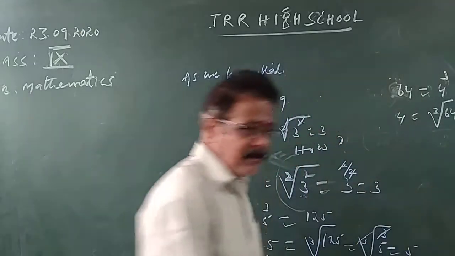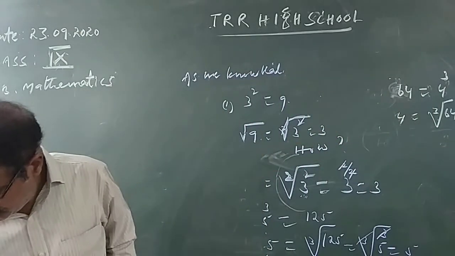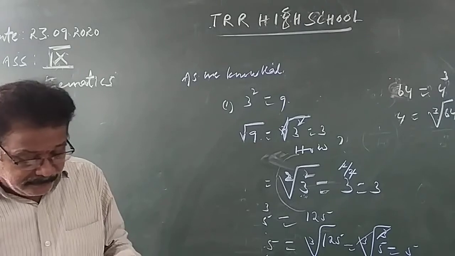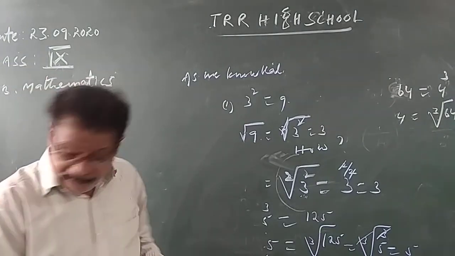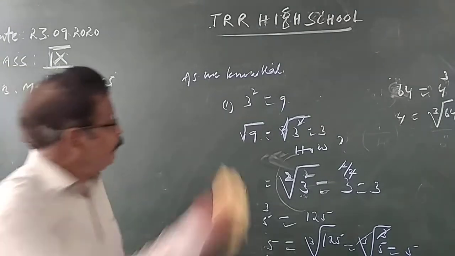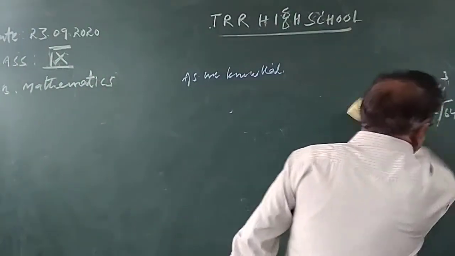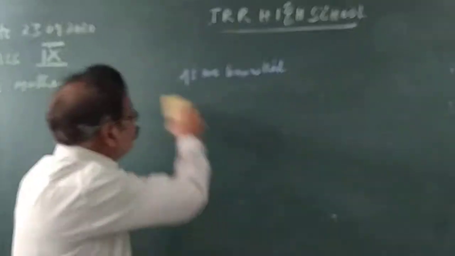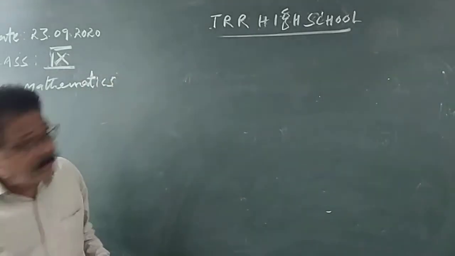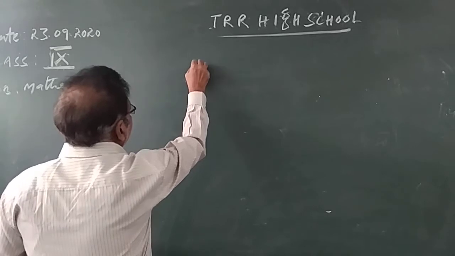Like this we write. So this is the nth root. In general, we write: similarly, if a to the power of n is equal to b, this is the nth root of a positive real number.